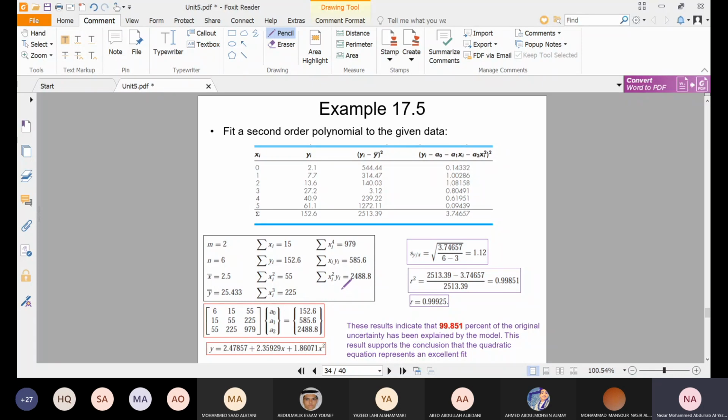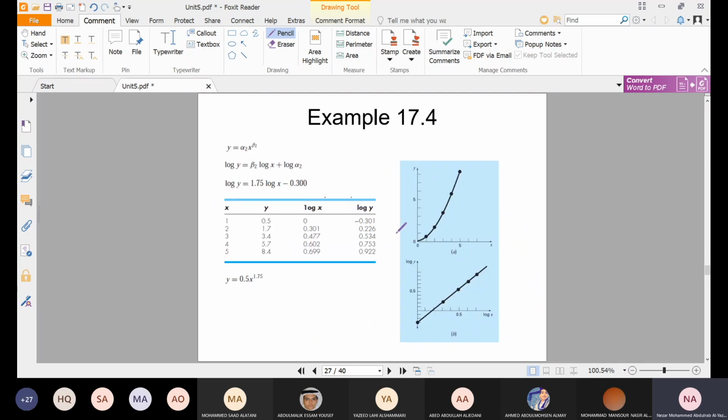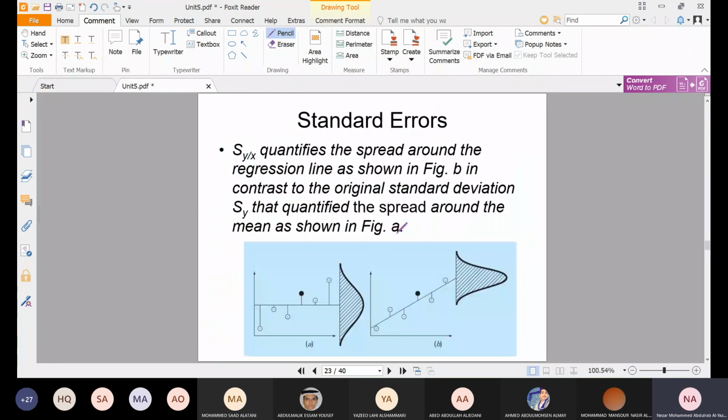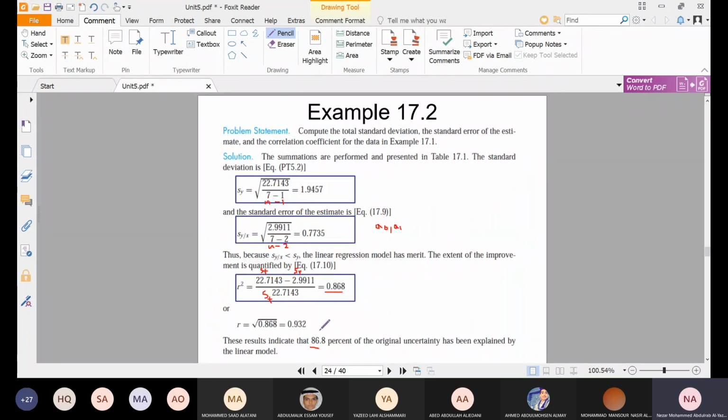This is an example, ya shabab, for quadratic form, and it is the same example we used before. Let's see how we get the result. We have 86.8% of the data explained when we use linear estimation.